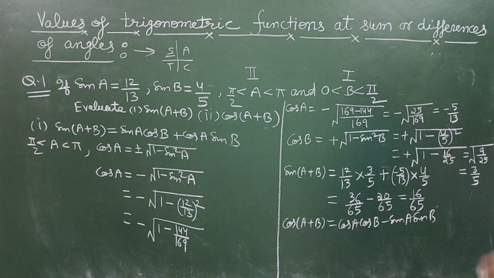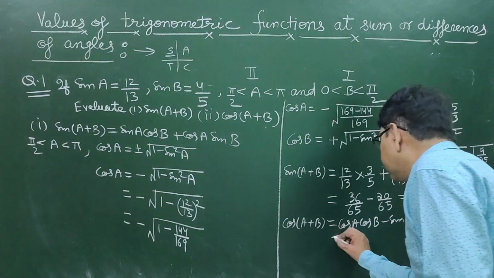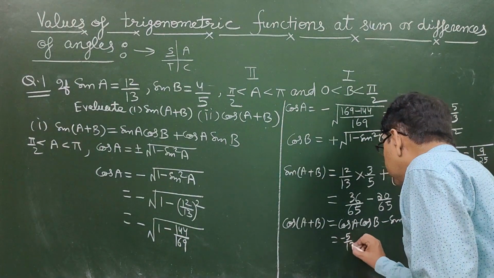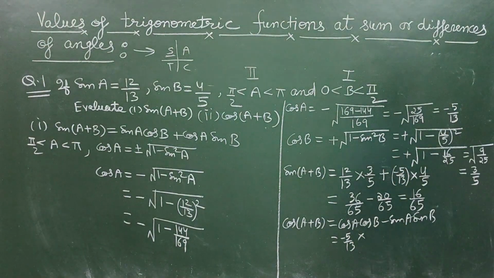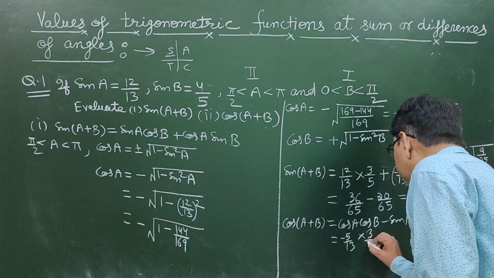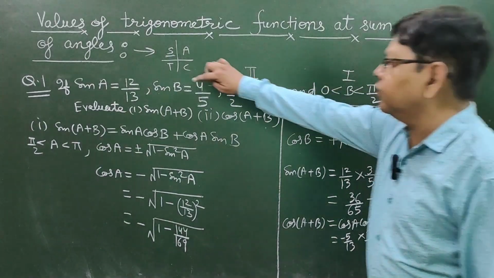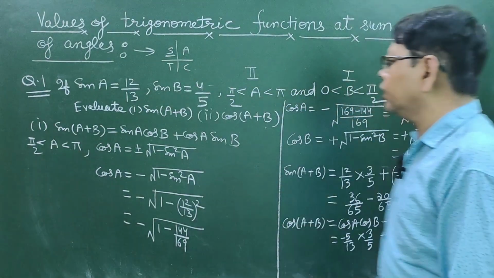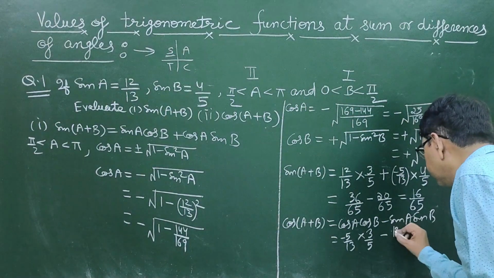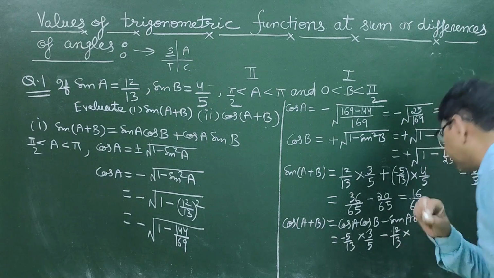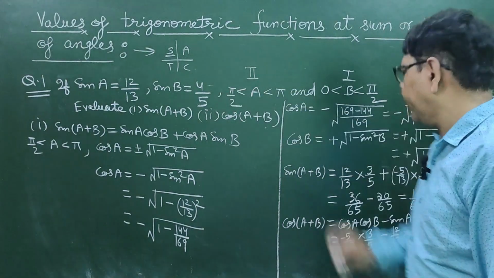Cos A is minus 5 upon 13, the value of cos B is 3 upon 5, minus sin A, the value of sin A you can see here is 12 upon 13, and the value of sin B is 4 upon 5.